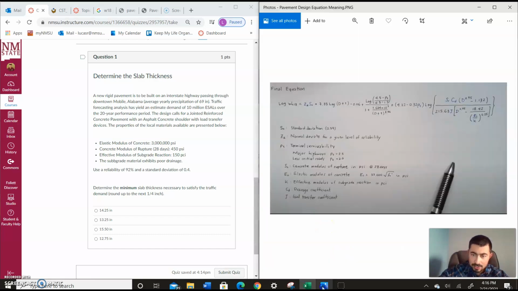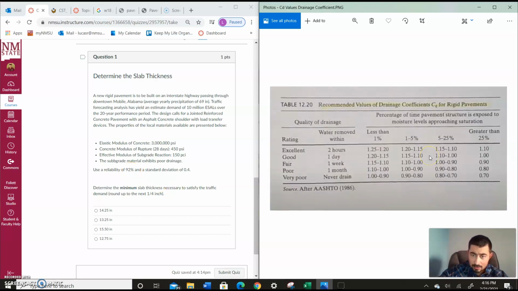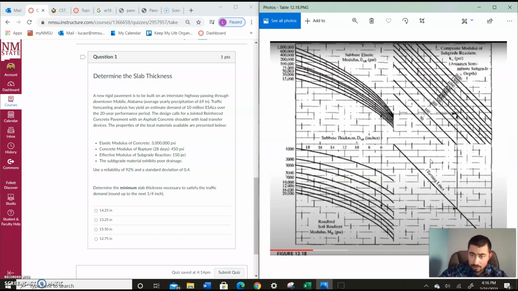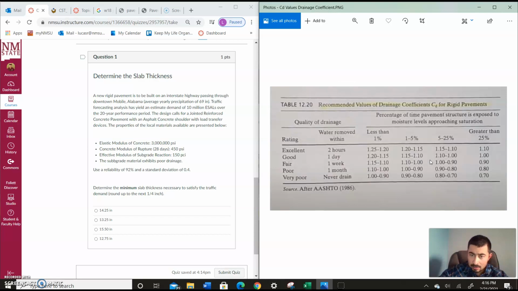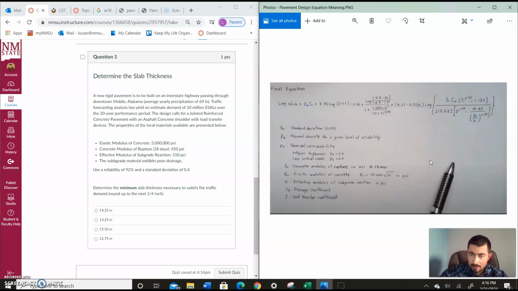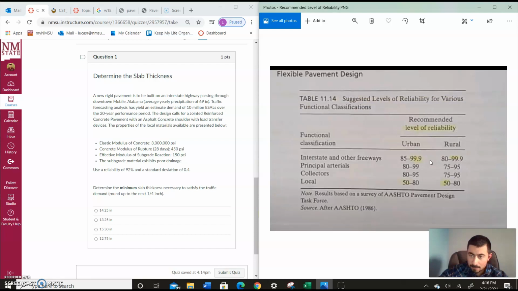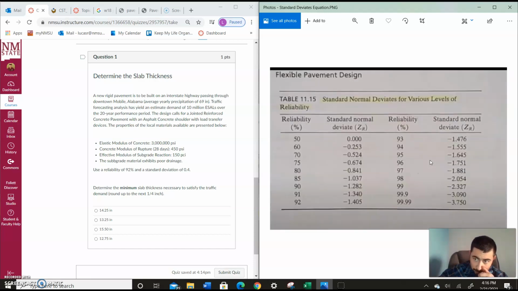ZR, normal deviate for a given level of reliability. So we have 92%, and the normal deviate for 92% reliability. I know I had it. Come on. Oh, here we go.